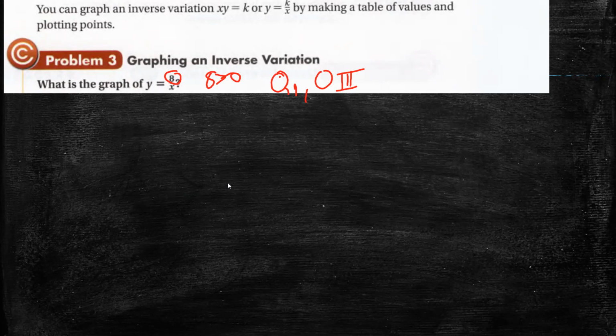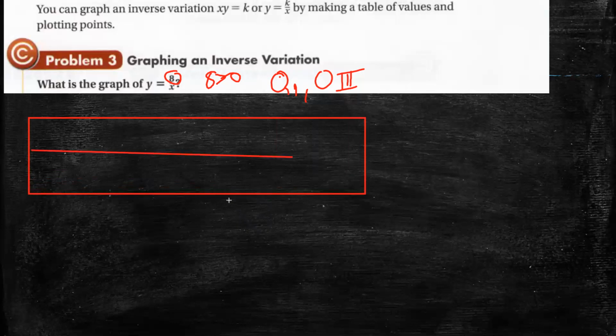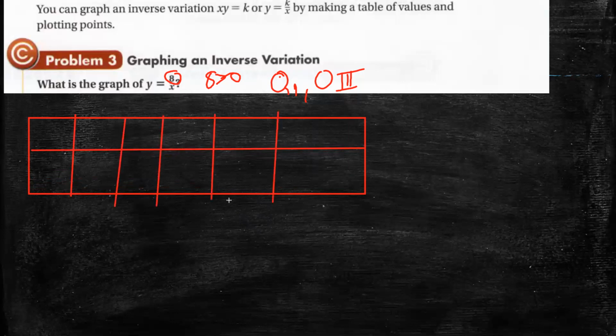Every time you want to graph any equation, you have to make a table. So let's make a table here. And for this table, as we did before, you have to put them like this. This is x and this is y.